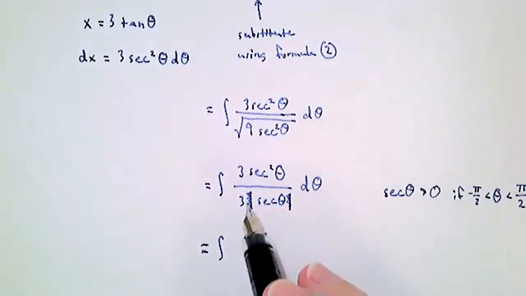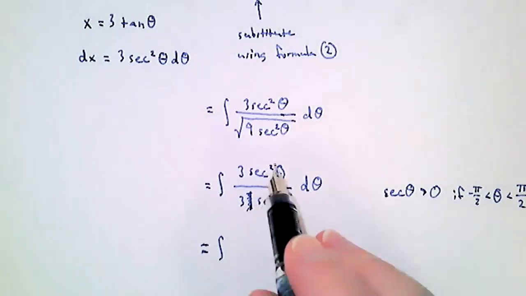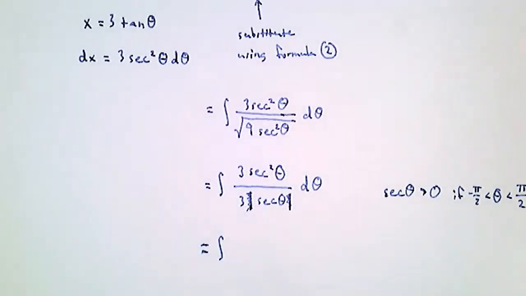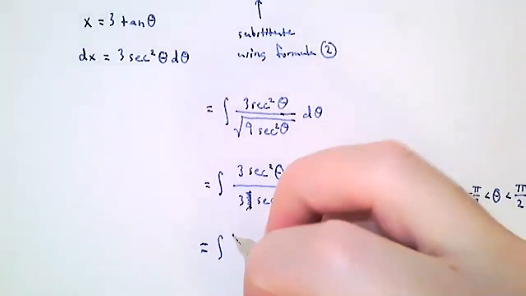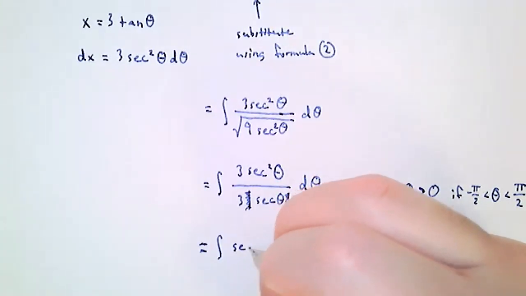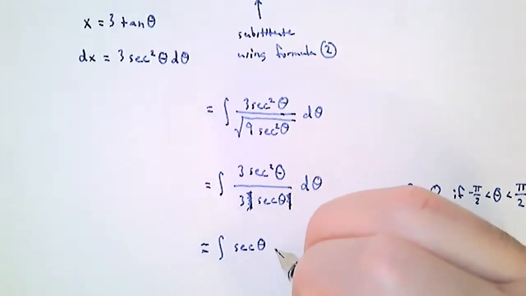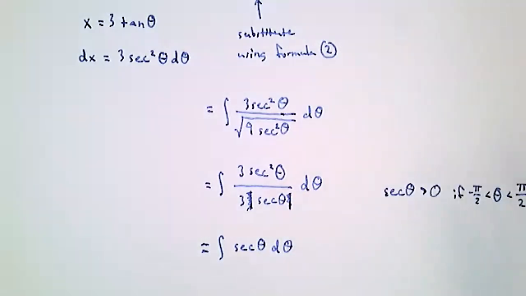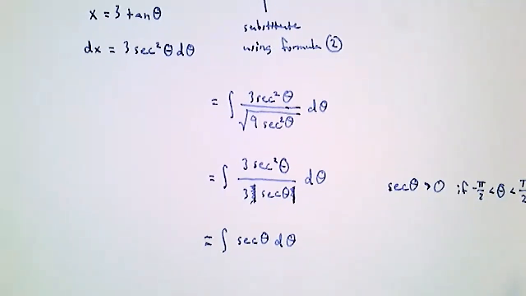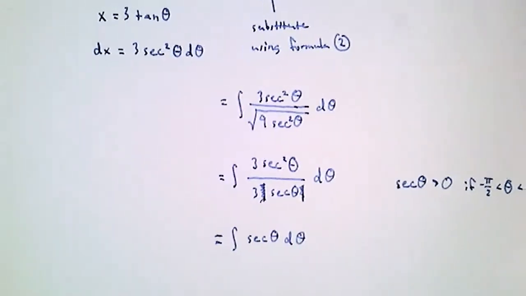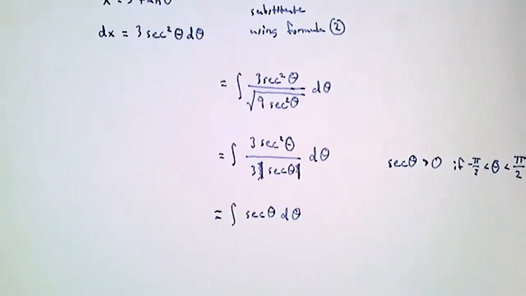So when we get rid of the absolute value signs, we can actually just cancel. And the only thing left in our integral at this point is just a secant. Secant theta d theta.